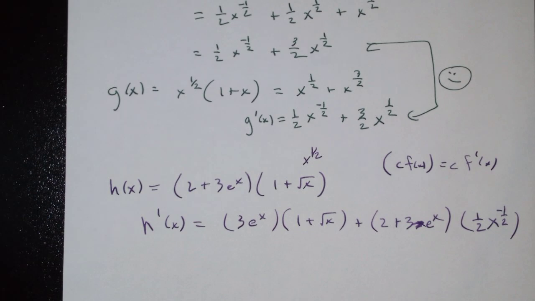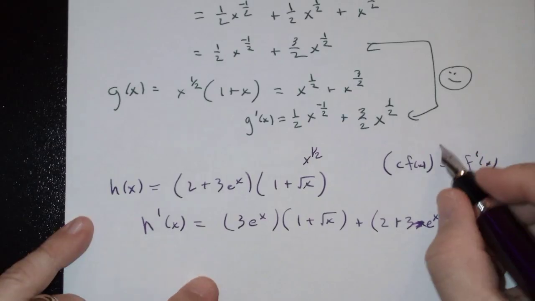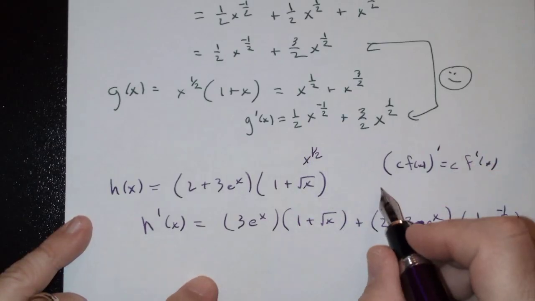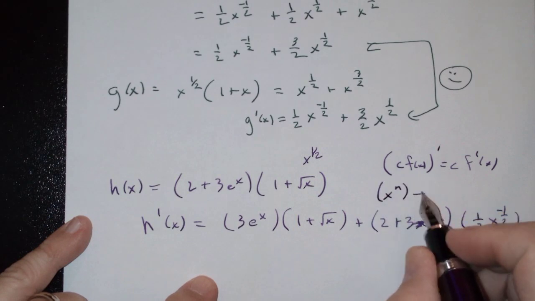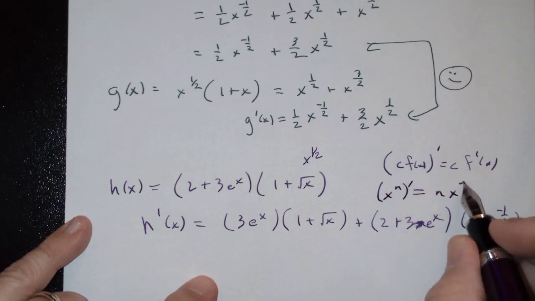Questions? Jordan, you looked unhappy with that. I was going to ask about this last part. I understand why it's negative, but why is that? Because when the power rule comes around, ooh, I forgot to put a prime up there. When the power rule comes around, the derivative of x to the n is n x to the n minus 1.